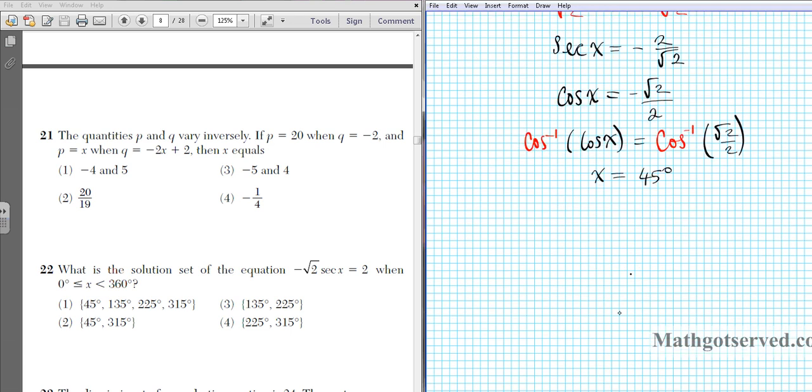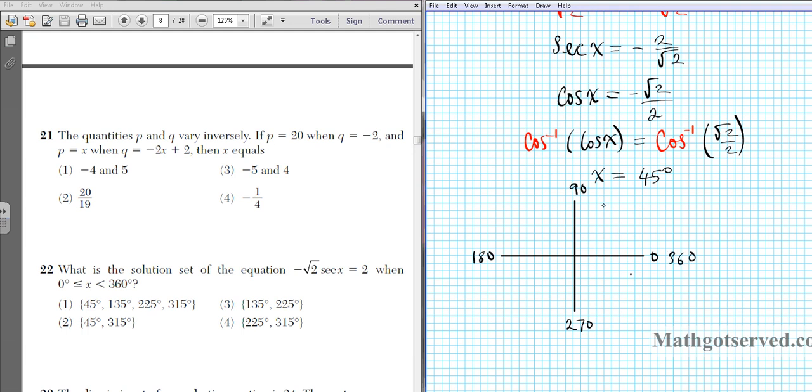Now where do we graph this reference angle? We're told that we're between 0 and 360, so we can draw our coordinate axes, and then we have the angles 0, 270, 180, 90, and this is 360 also.